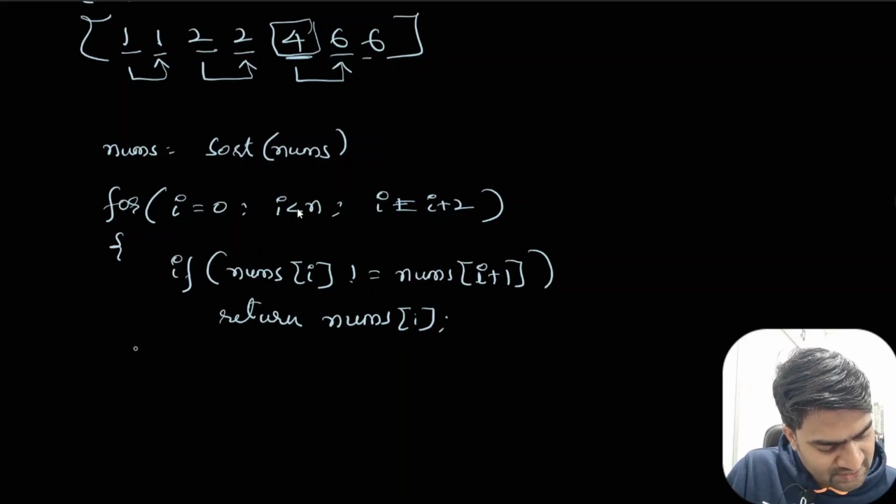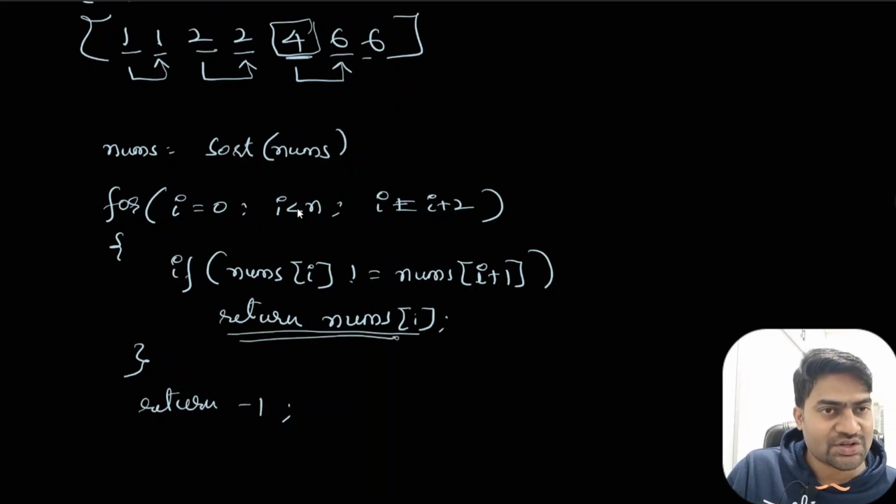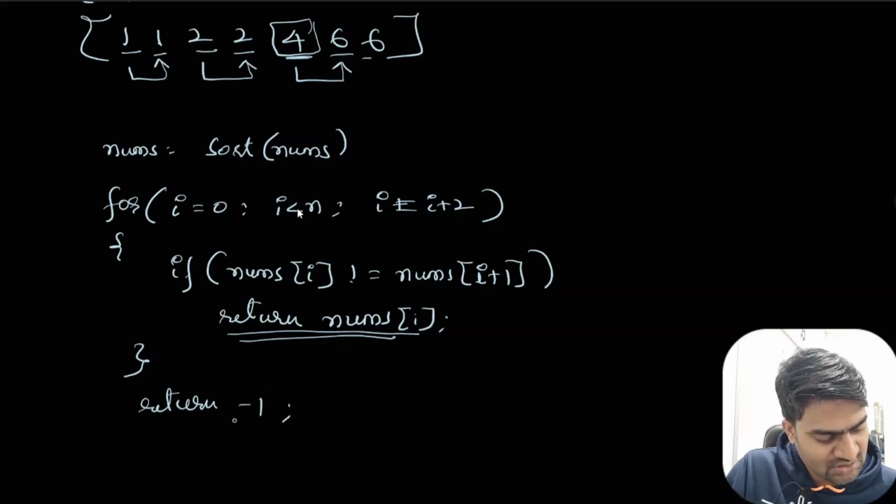Then we can simply close this, and here just to return something we can simply return -1, otherwise our function will give an error. Now this will for sure give us the output, because there will be one number which appears only once and the remaining numbers will appear twice for sure. That's a constraint, right? So it won't come here.